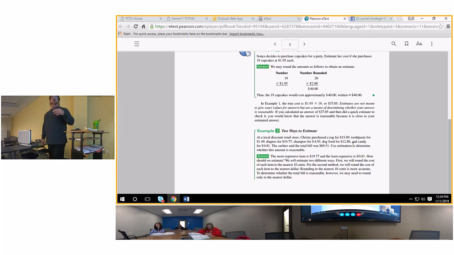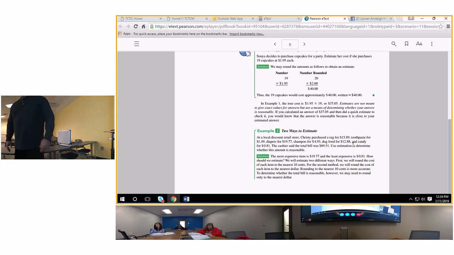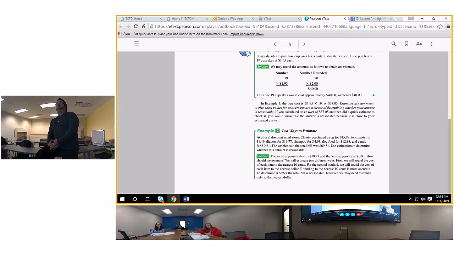If you wanted to round these numbers, you could round $15.90, you could round to $1.50, you could round to $19.80, you could round to $4.90, you could round to $12.90. It depends on what you want to round to.